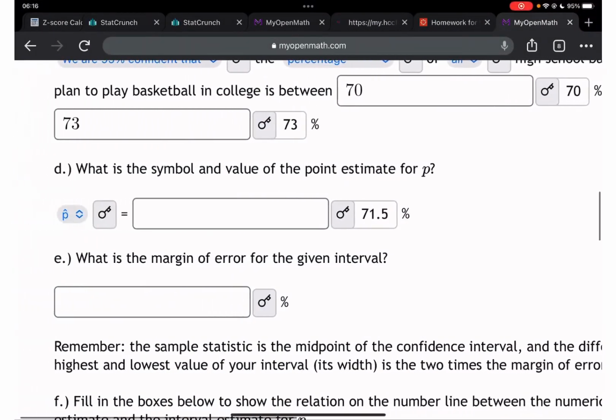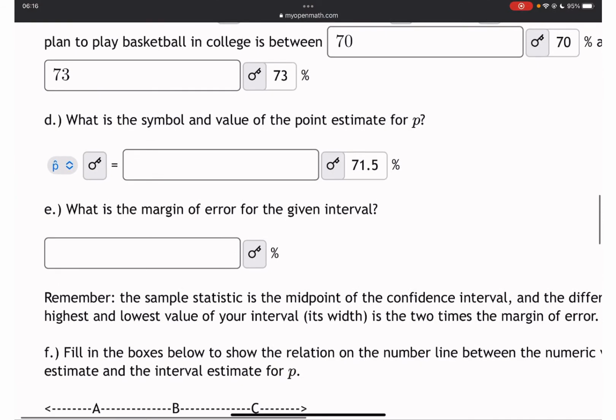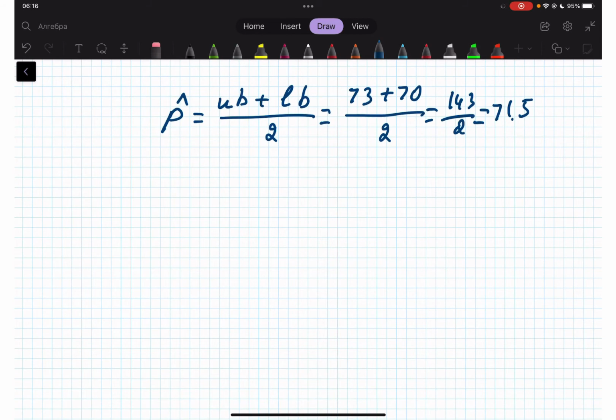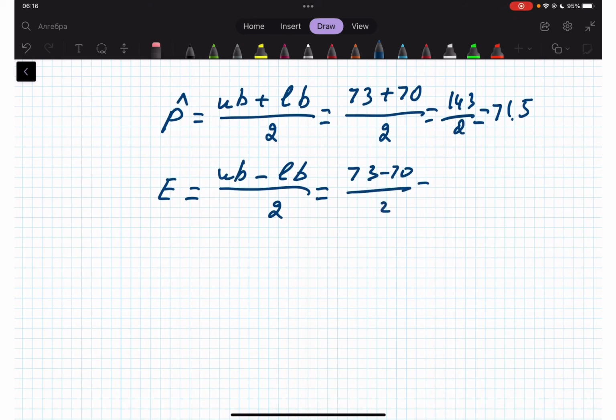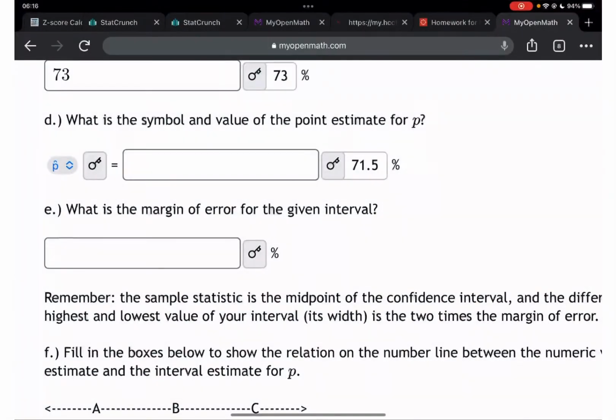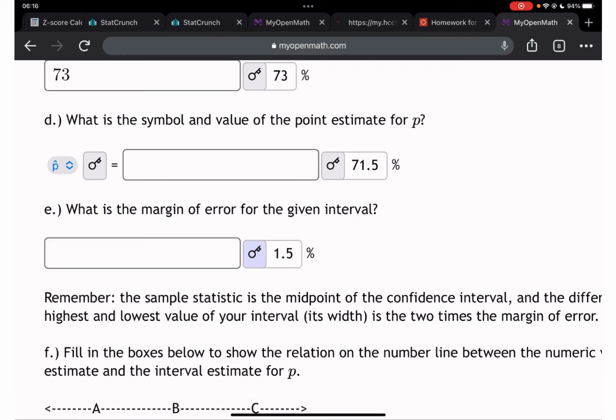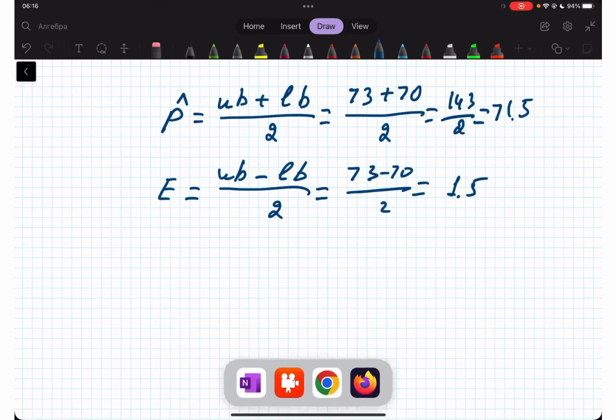Okay. Next one, what is the margin of error for the given interval? Margin of error, we calculate the opposite way. We subtract the lower boundary from the upper boundary and divide by 2, which is 73 minus 70, divided by 2, which is going to be 1.5. Let's open it. I mean 1.5, indeed. It was 1.5, right? Yeah. All right.